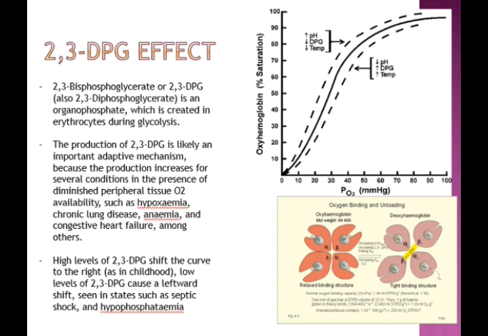So you have certain special conditions where this 2,3-DPG will be created, like when you have low oxygen, hypoxemia, when you have chronic lung disease, anemia, congestive heart failure, among others. Okay, so 2,3-DPG is something that you release either when you're sick or when you are in childhood, because usually kids don't have enough red blood cells, but they need a lot of oxygen. So you have a lot of 2,3-DPG.